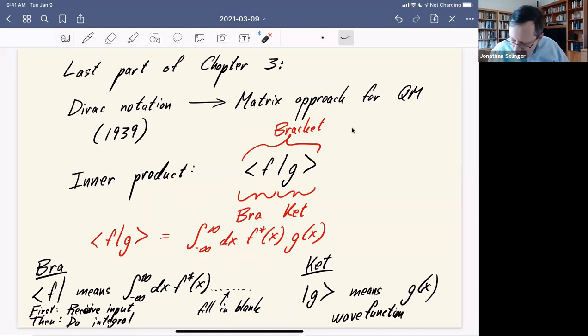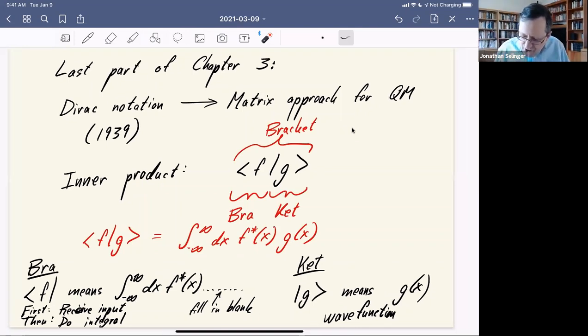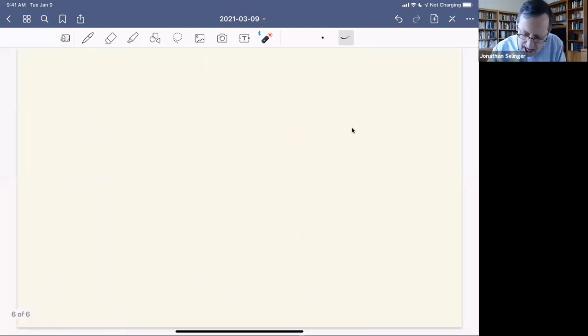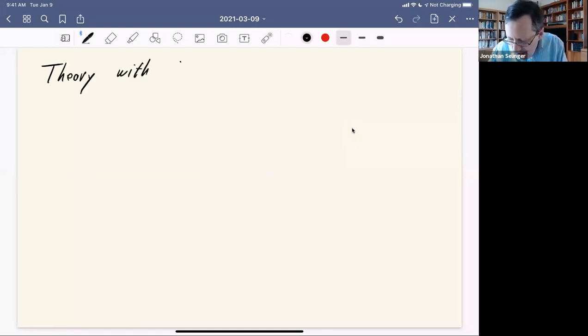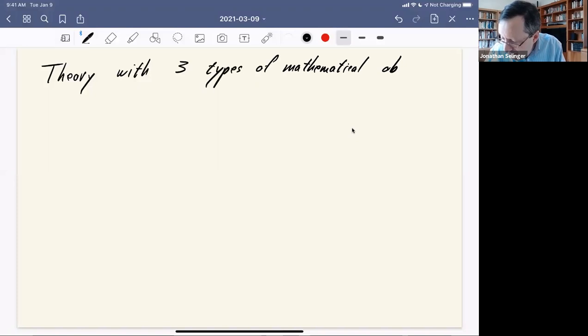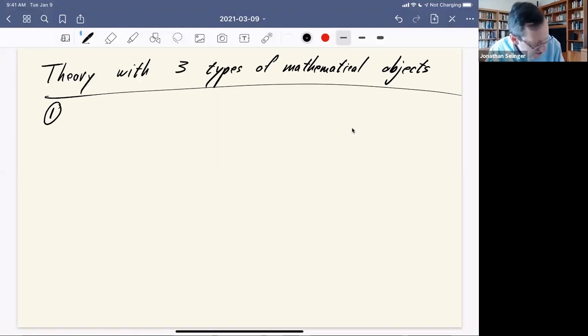So this then becomes an interesting situation, where we now have a theory with three types of mathematical objects. Number one is, let's say we have kets.